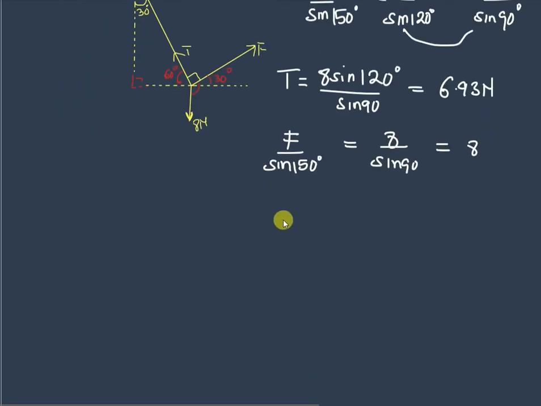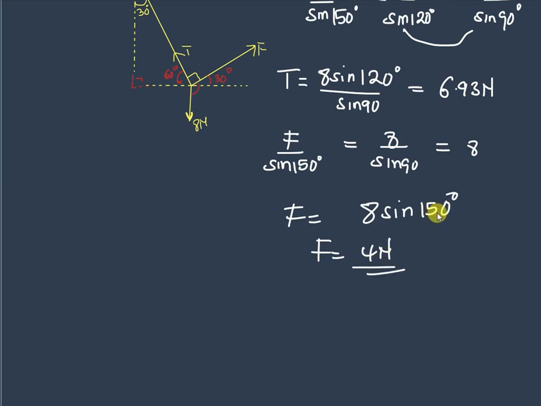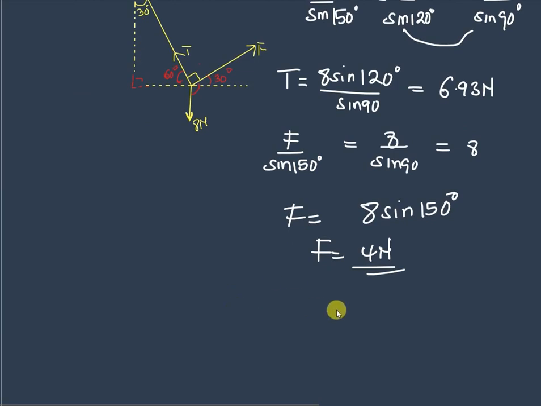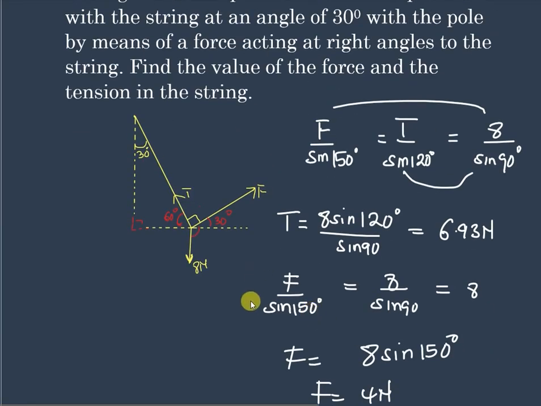And so F is equal to 8 times sine of 150 degrees, getting us F as 4 newtons, because the sine of 150 is the same as the sine of 30, which is 0.5, times 8, that is 4. That is the answer. That's the solution to that question.